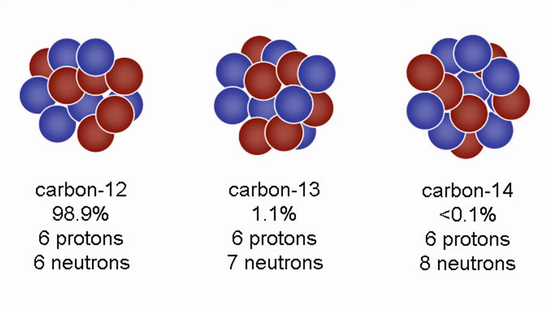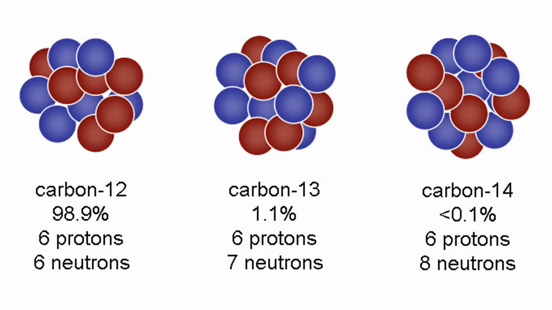Unlike hydrogen, there are 15 known isotopes of carbon. But only 3 of these isotopes occur in nature: carbon-12, carbon-13, and carbon-14. We designate these isotopes based on their atomic mass, the number of protons plus neutrons.